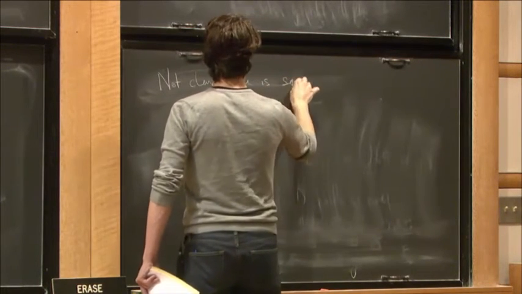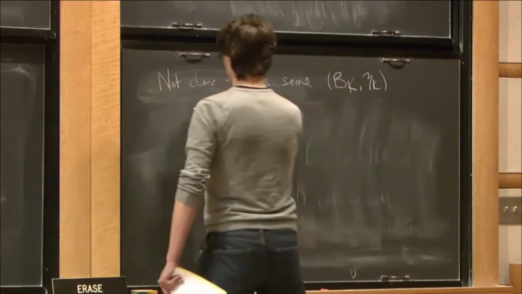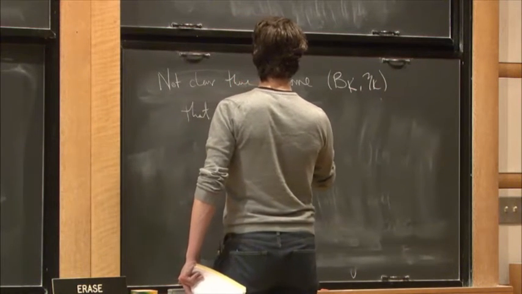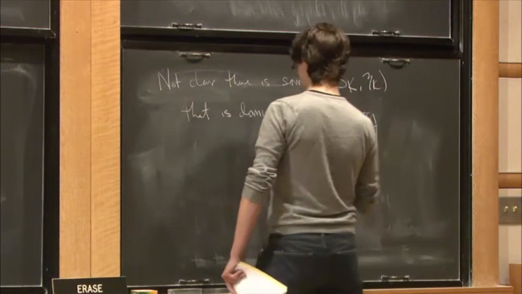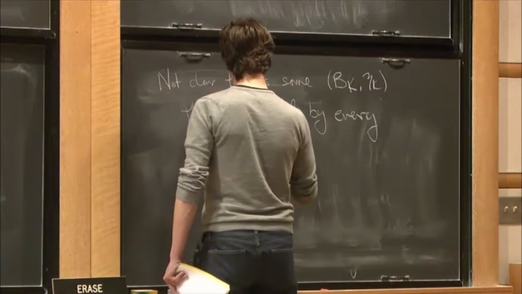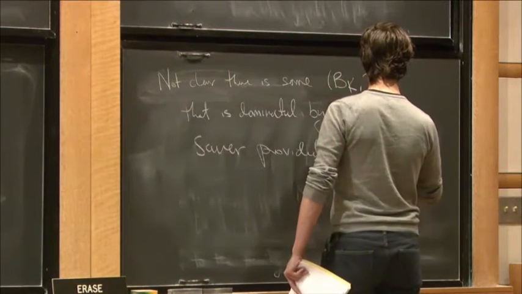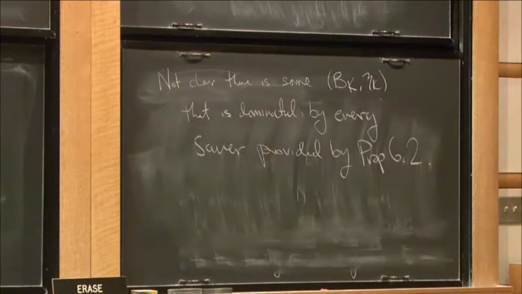There is some B sub k, eta sub k that is dominated by every saucer provided by Proposition 6.2. As stated, it just says you can fill it up to some collection of B sub k's, but you don't know what they are.